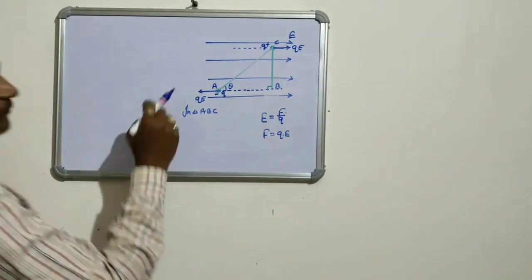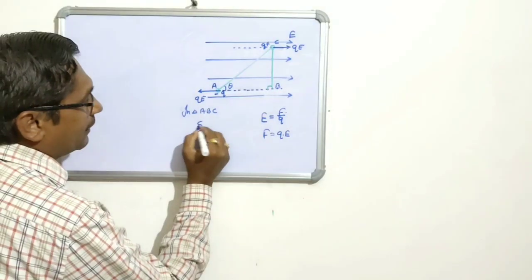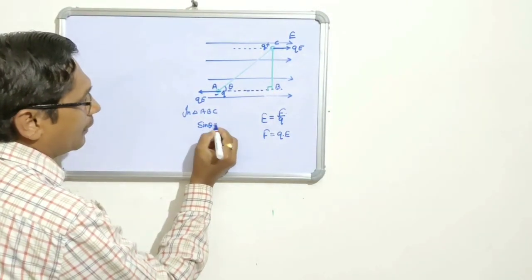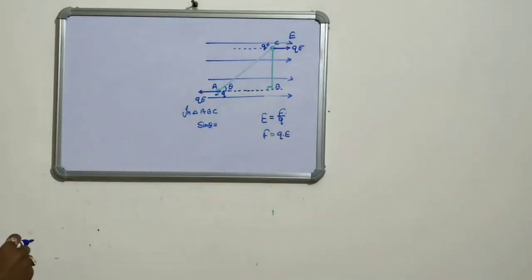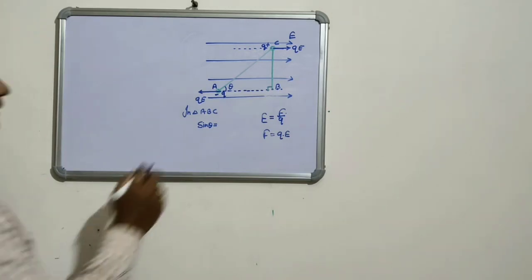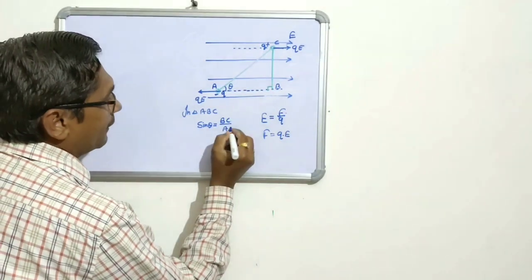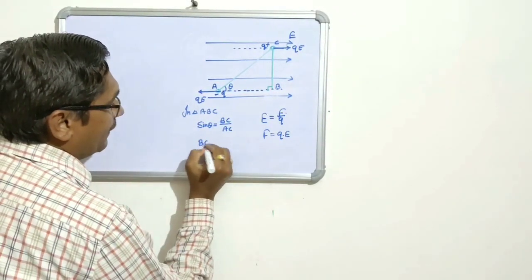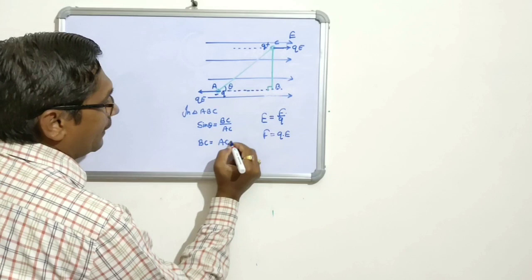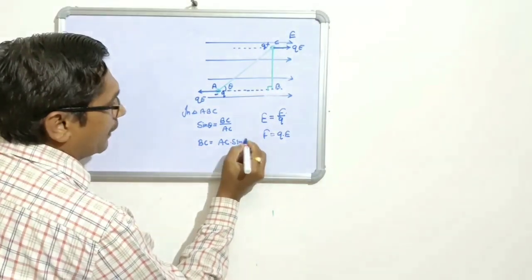So in triangle ABC, sine theta is equal to perpendicular upon hypotenuse. Perpendicular is BC and hypotenuse is AC. So BC is equal to AC sine theta.